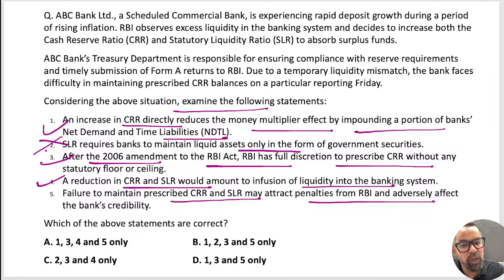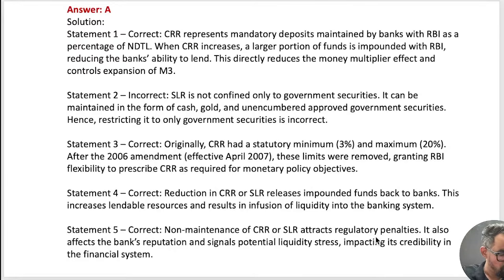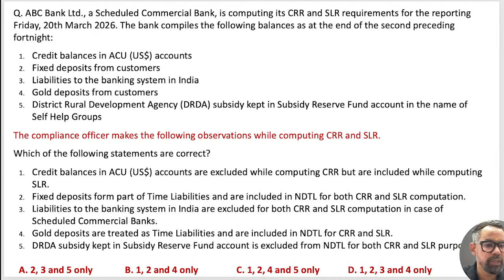So 1345 means option A will be the right answer for this particular one. Yes, yes, yes. Manoj sir, correct. Okay, just a minute. Done it. So A is the right answer for this particular one. Next one, guys. Next one.